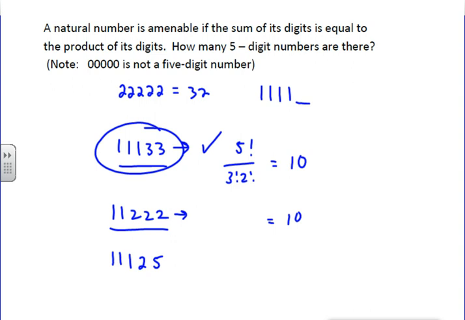And so 1 1 1 2 5 is your third case, which was probably the hardest one to come up with. It was pretty easy to come up with these 2, and so when you do this case, it's just going to be 5 factorial over 3 factorial, because the 2 and the 5 are not a repeat, and so that just equals 20. Add up the cases, and you get 40.